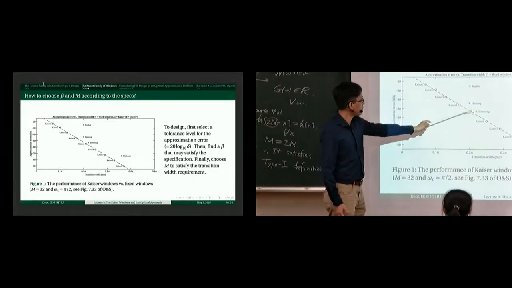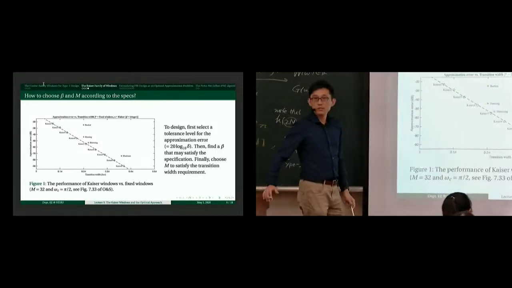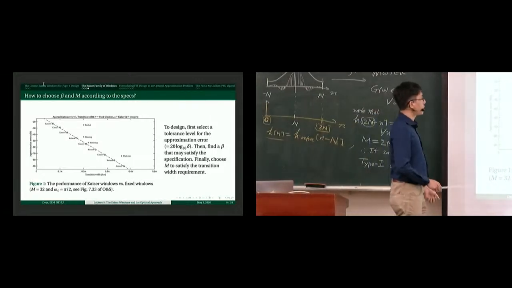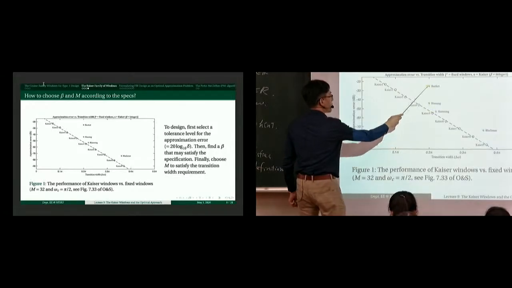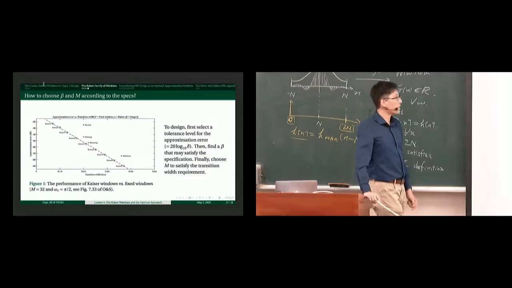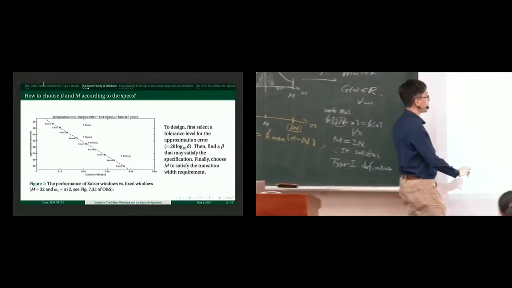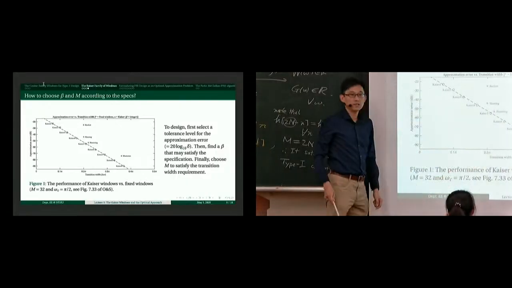Whereas now we see four separate dots of the performance: Blackman, Hamming, Hanning, and Bartlett. Okay, so see that all four dots are on this side of our straight line, right?